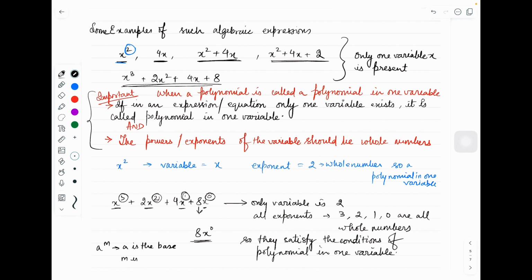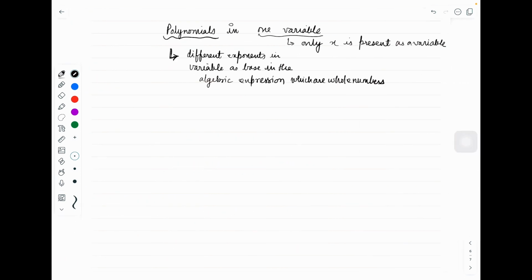In x cube, x is the variable and the base, and 3 is the exponent. So a polynomial in one variable means only one variable is present, the variable is the base and its exponents are whole numbers.